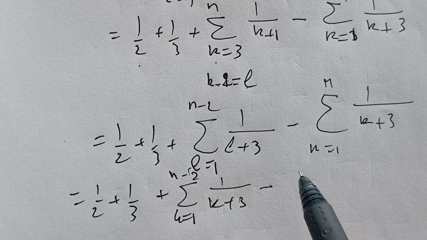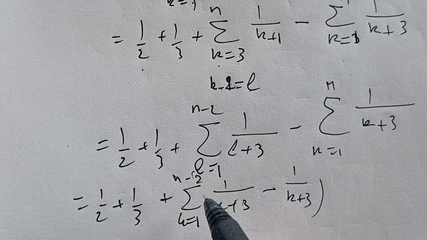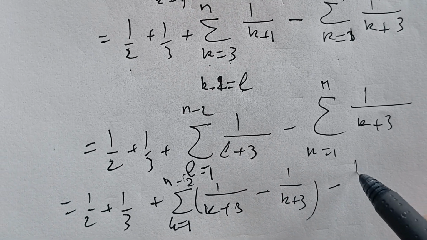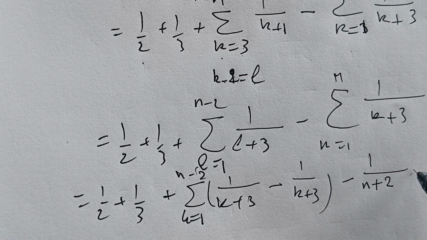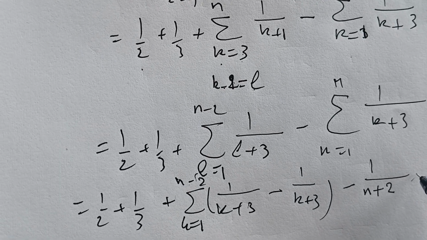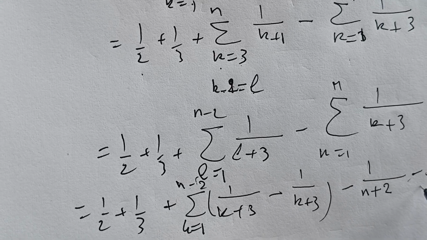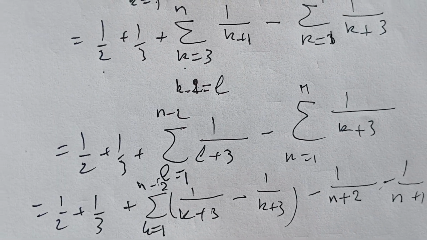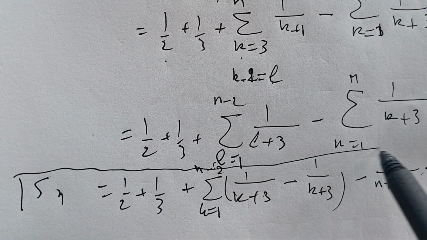So here we stop at 1 over k plus 3 at n minus 2. How many left? One left is n minus 1, which is giving us n plus 2, and the last one is n, which is giving us n plus 3. So our partial sum is this one.